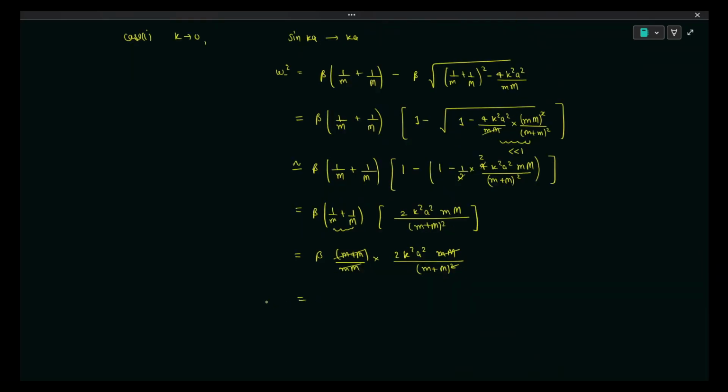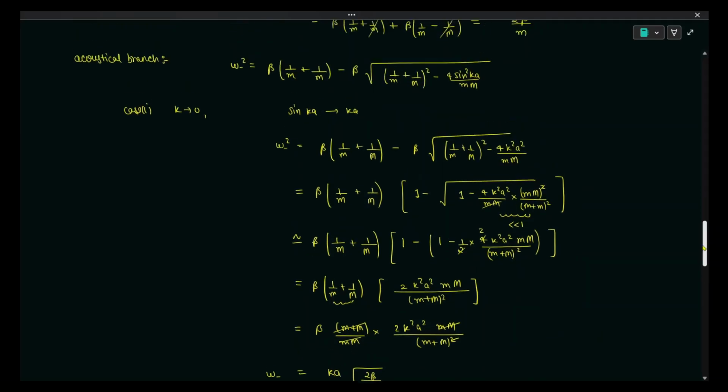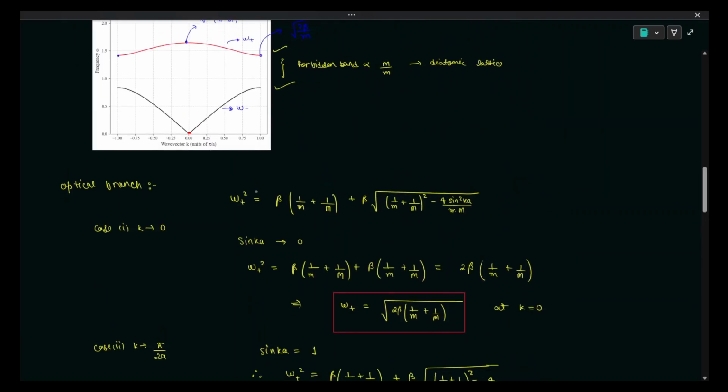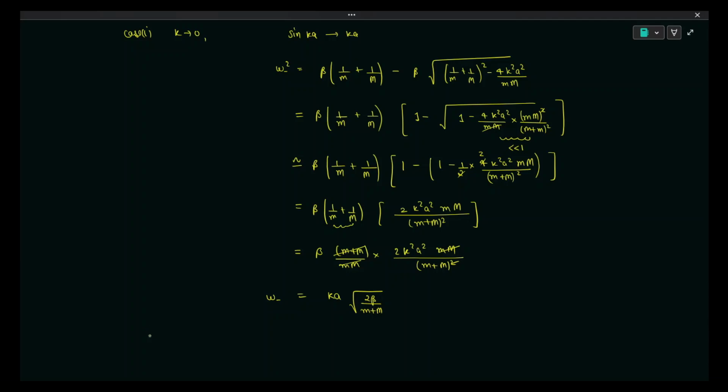So what we will be left with is omega minus at k tending to 0 as ka underscore 2 beta divided by small m plus capital M. So this is the value of acoustical branch at the zone at k equal to 0, k tending to 0. Now the second and last case, the value of acoustical branch at zone boundary, that is pi divided by 2a.